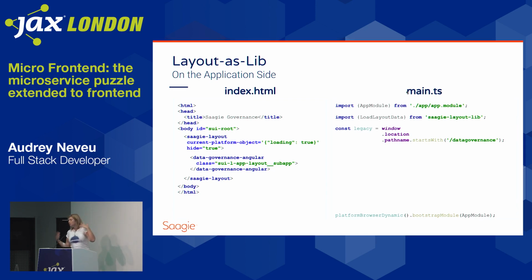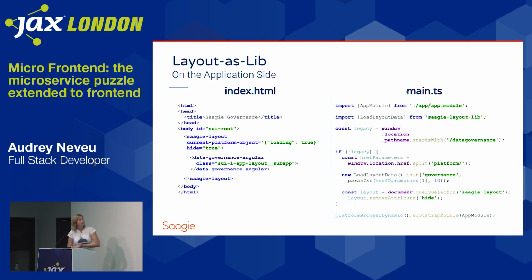If we are in legacy mode, we are not going to display Layout-as-Lib, fine, everything is just going its own way. If we are not, and we want to display the overall menu of the Saagie-Layout library, we're going to do two things.